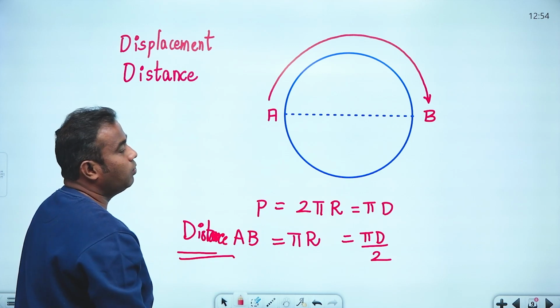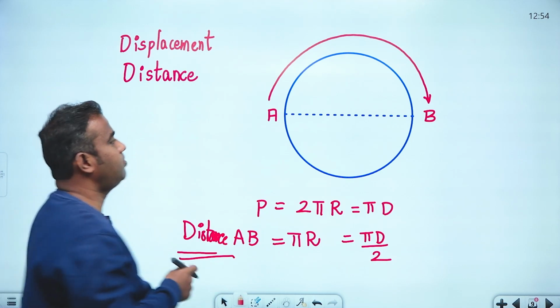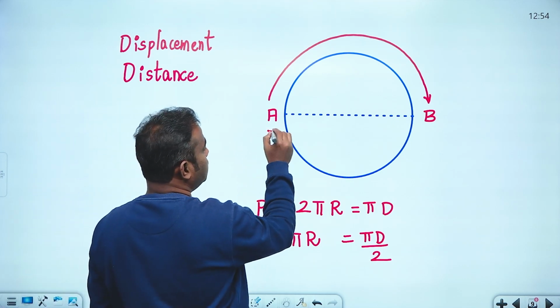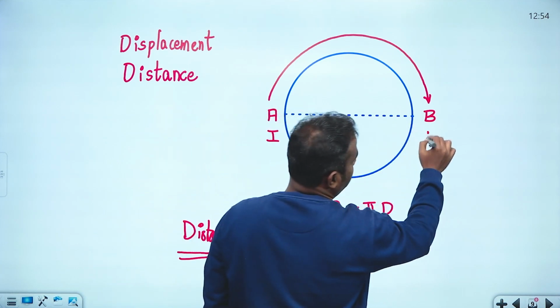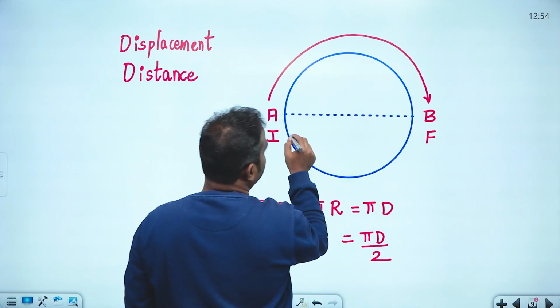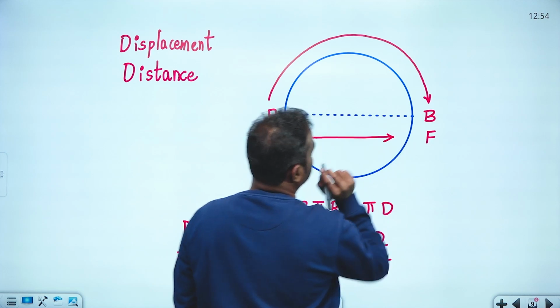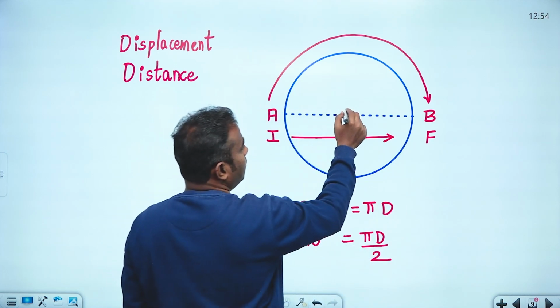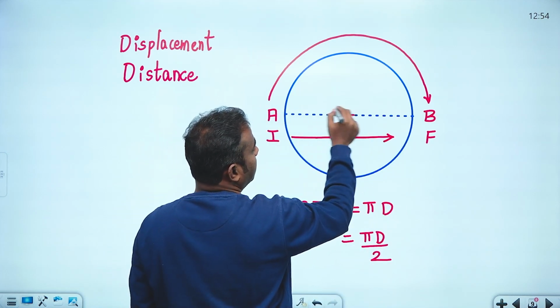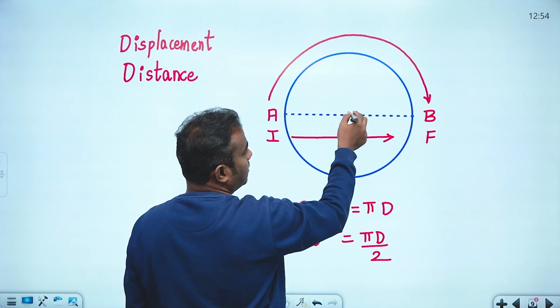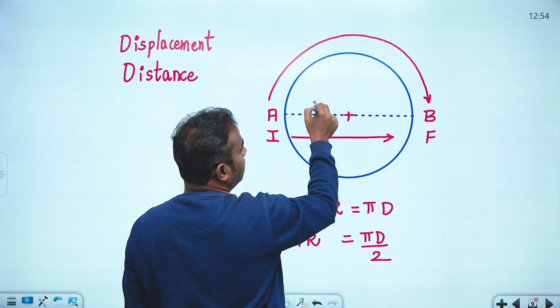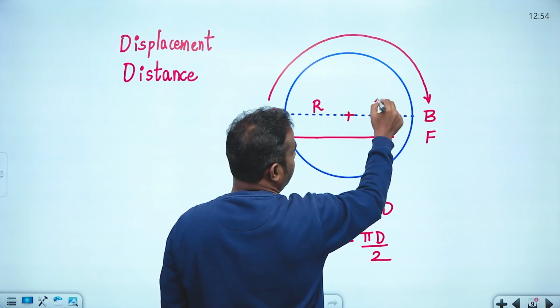Now what about the displacement? The displacement, according to the definition, is the shortest distance between the initial position and the final position, considering the direction. We know that this is a half perimeter, so the line from point A to point B passes through the center of the circle. This will be the radius r and this will be the radius r.